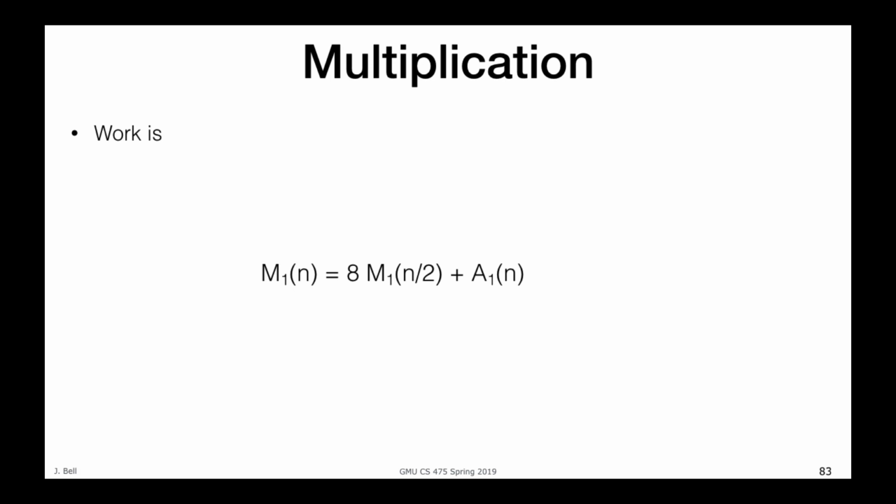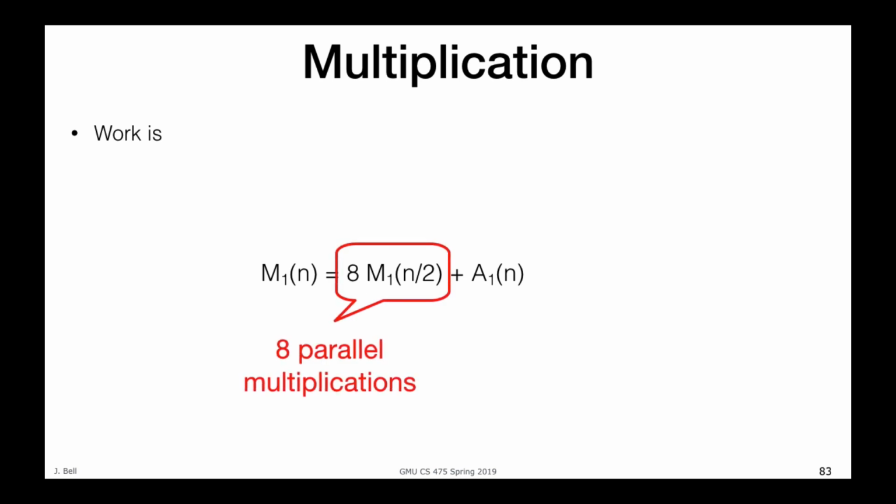So the work required: we have to do some parallel multiplications, each of which is half the size of the input. We have to do 8 of them, plus adding all of those results. So the work to do multiplication of a matrix of size n was 8 times the work to do multiplication of a half size, plus an addition of size n.